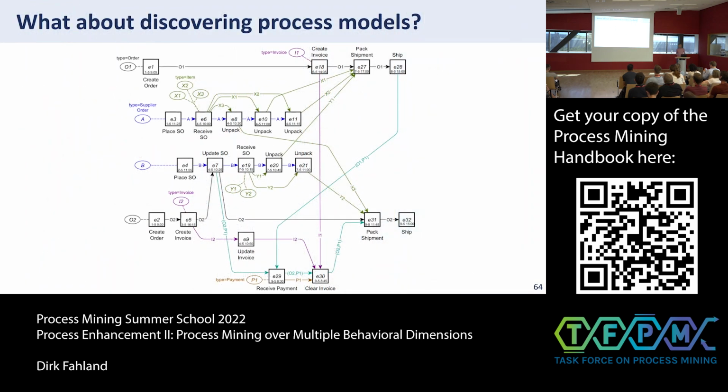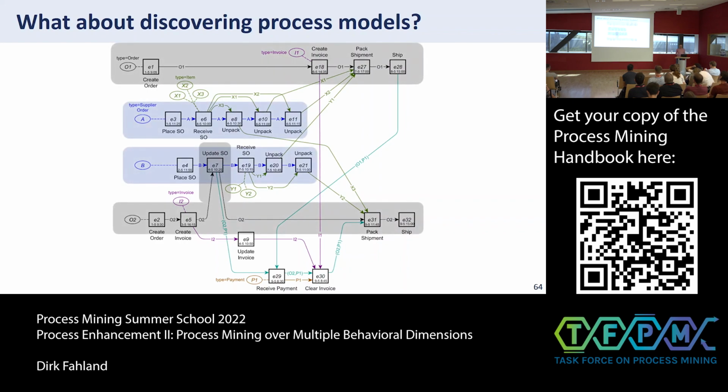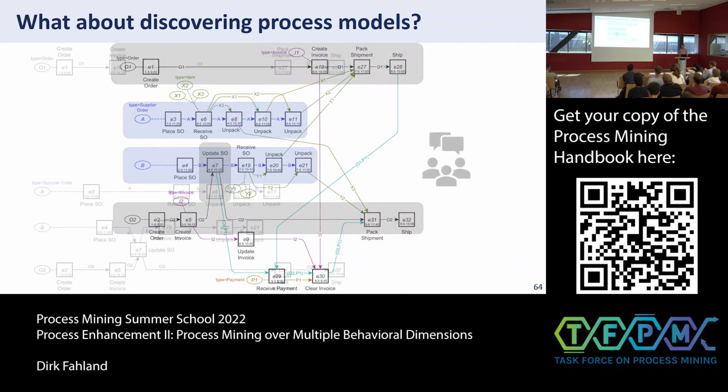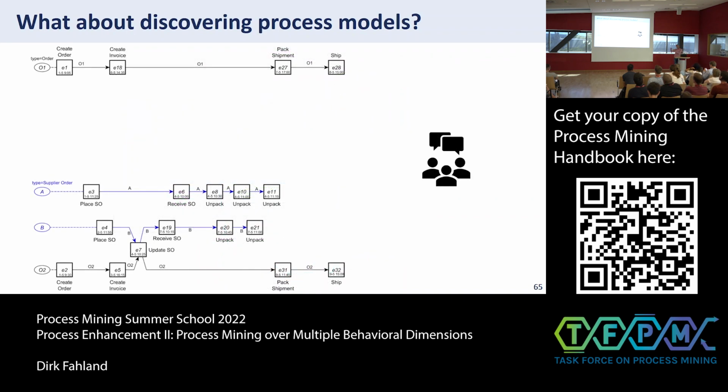A basic form of process discovery is directly follows graphs. You've seen that. So let's try to apply this here. I want to focus on a small part because doing this on the full graph is too much, right? So I want to look at the orders O1 and O2 and the two supplier orders. They are now the subgraph that I look at, and I want to discover a process model.